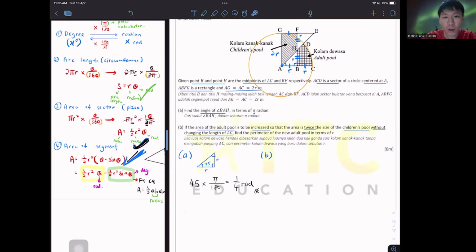So if you keep the radius the same length, to increase the size of the pool you can only increase internally, which means inside the triangle. You keep this part and you increase the size of the pool by extending it into the triangle part.